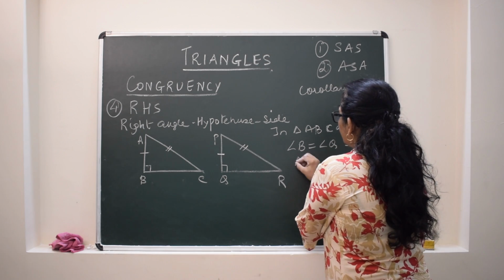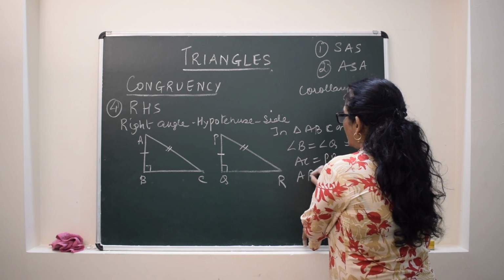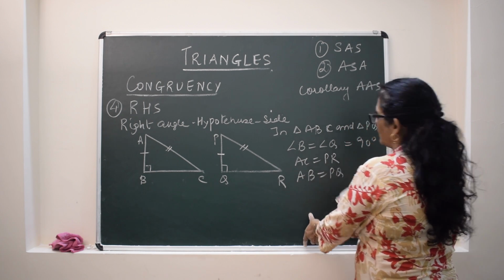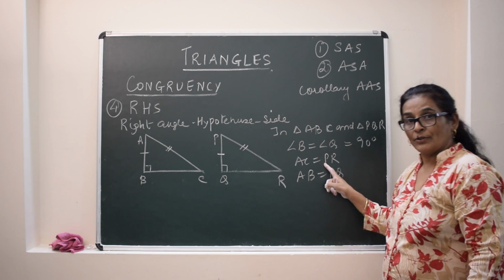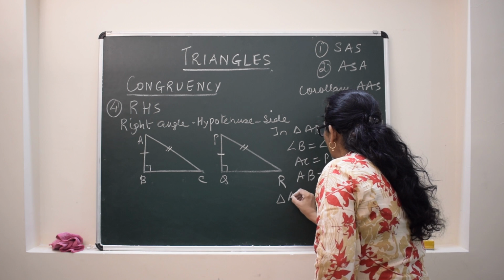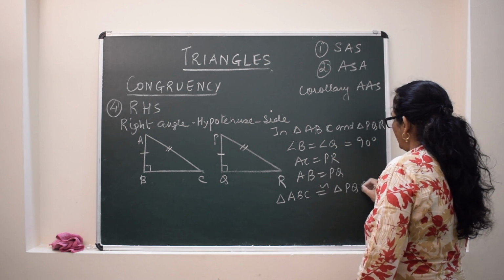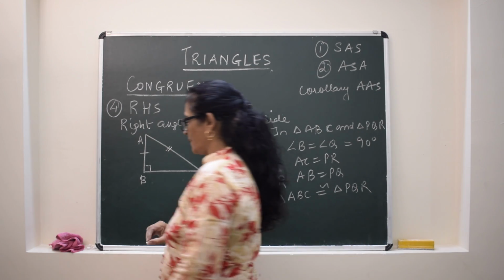Then AC is equal to PR, also AB is equal to PQ, right angle, hypotenuse and side. So triangle ABC is equal and congruent to triangle PQR.